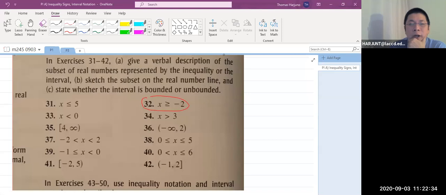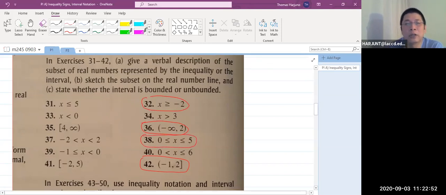And then how about number 36? And then number 42. Is it okay? Let me see if you have other ideas. Number 38, fine. Let's do number 38 also. Okay. Number 32, let me do it on the right-hand side. I hope you can see it.